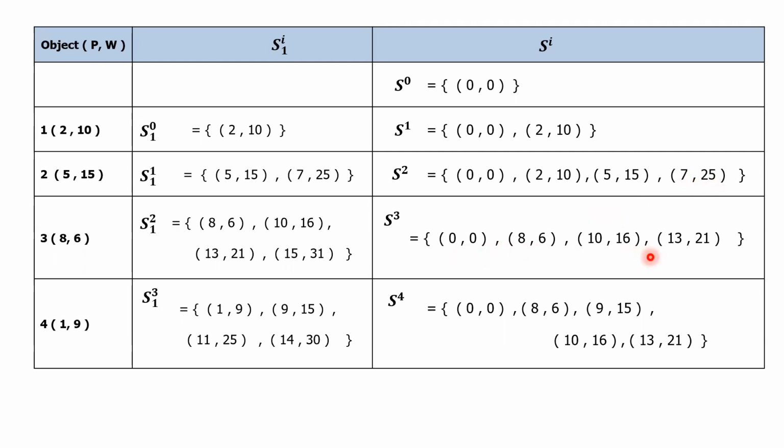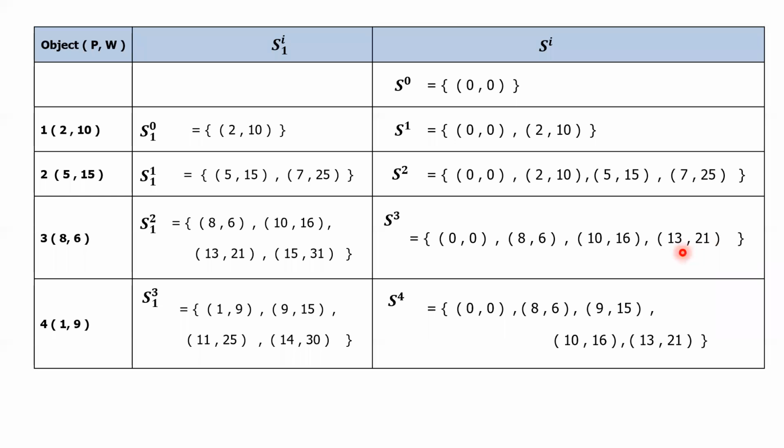Then these are the possible states after making a decision on the third object. Maybe the bag is still empty, or you have decided that you'll include only the third object into the bag, or you might be including the first object and third object, or the second object and third object into the bag.